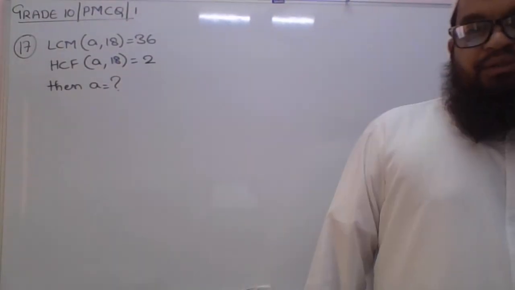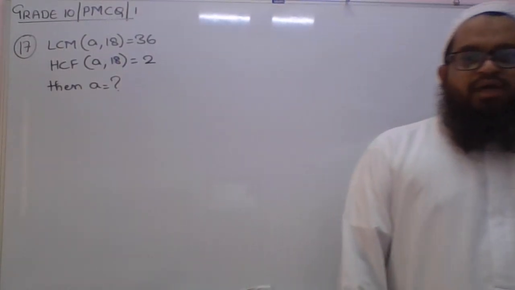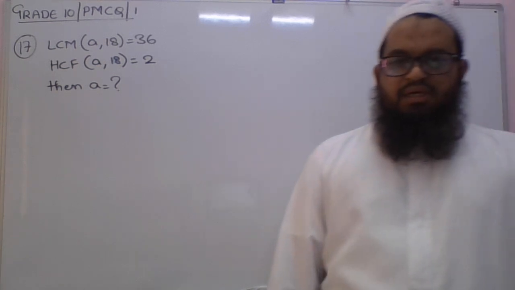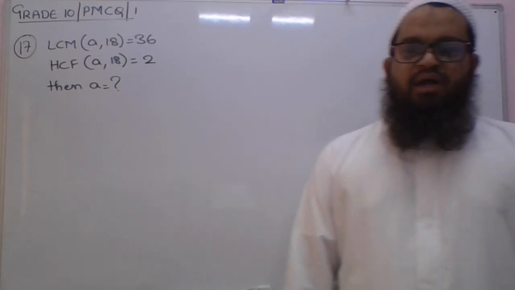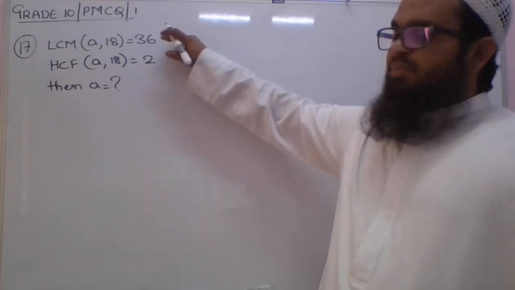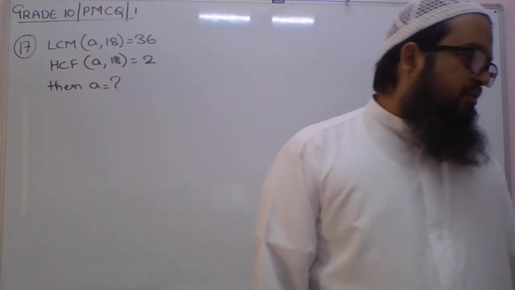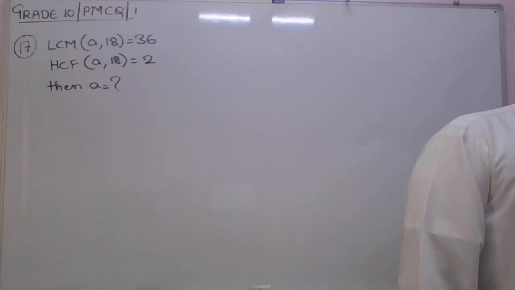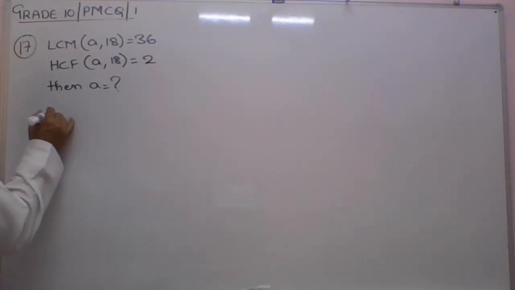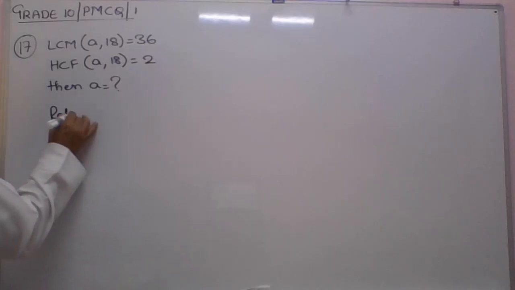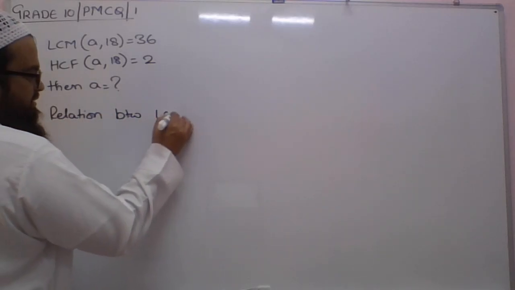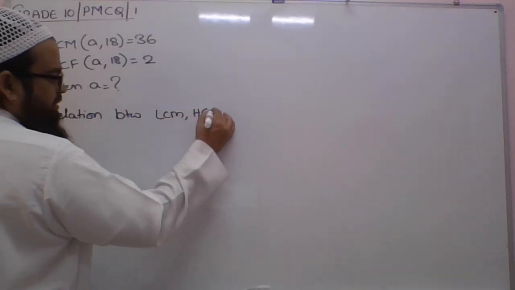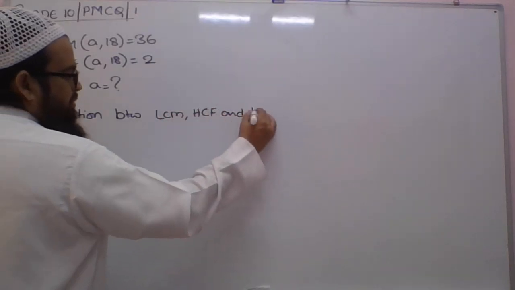So in this question, it has been given LCM of a comma 18 is equal to 36 and HCF of a comma 18 is equal to 2. Then find a. Here LCM and HCF, this is from which chapter? The first chapter, real numbers. And in real numbers, we have studied the relation between LCM, HCF and two numbers.